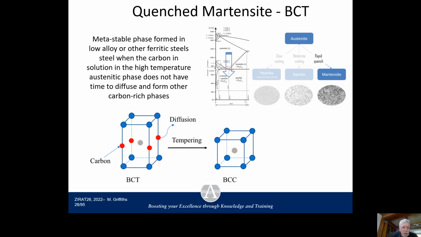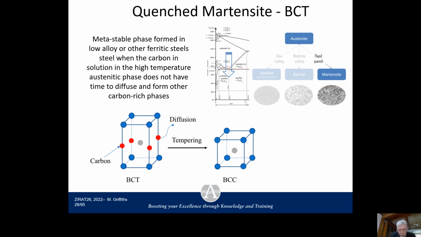And that comes about because you quench carbon into these interstices in what would otherwise be a body-centered cubic structure. And this stretches the BCC cell, becomes body-centered tetragonal, and it's a harder phase. This is the BCT form martensite.